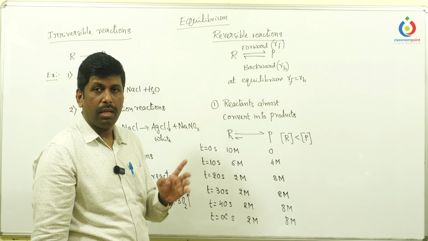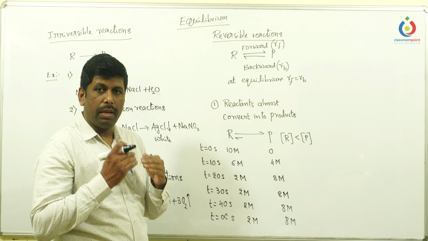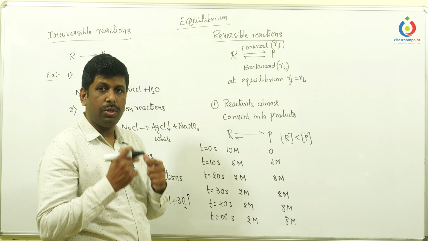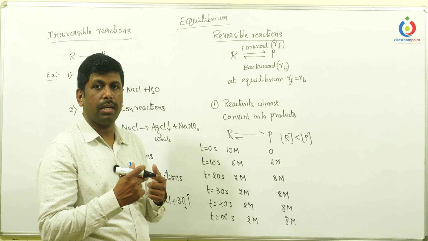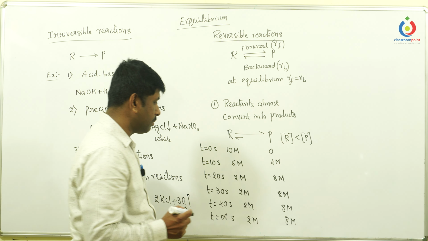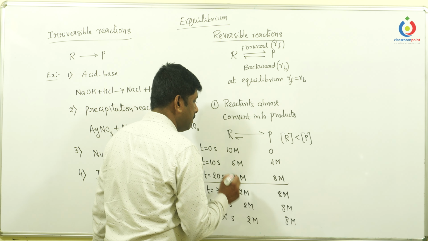So we can say that the reaction achieved the equilibrium stage. So at any stage of a reversible reaction, wherever there is no change in the concentration of the reactants and products, that stage is called the state of equilibrium. So in this state, equilibrium is obtained.